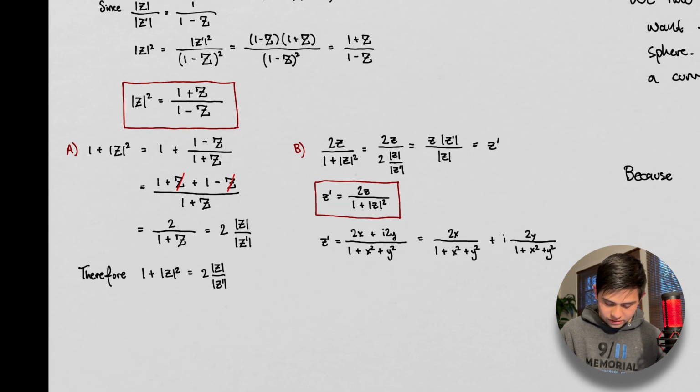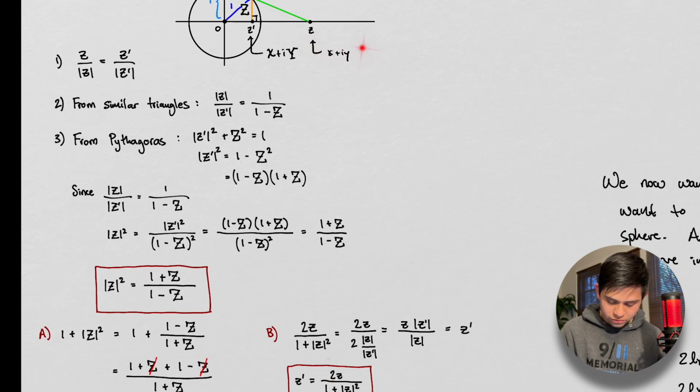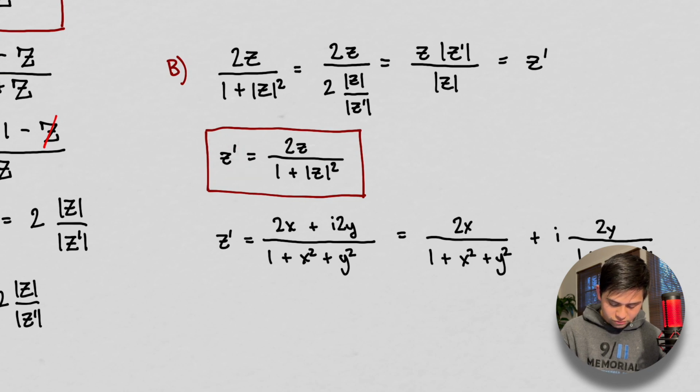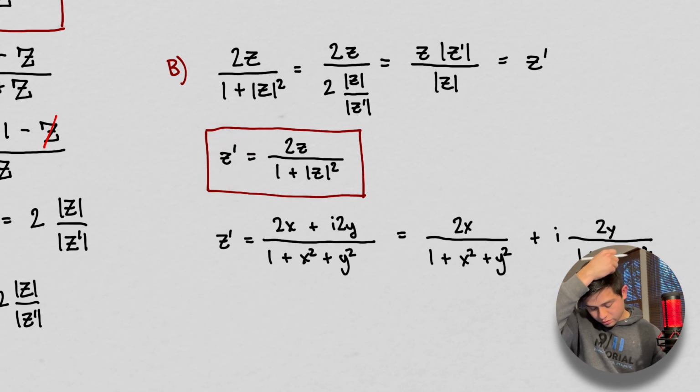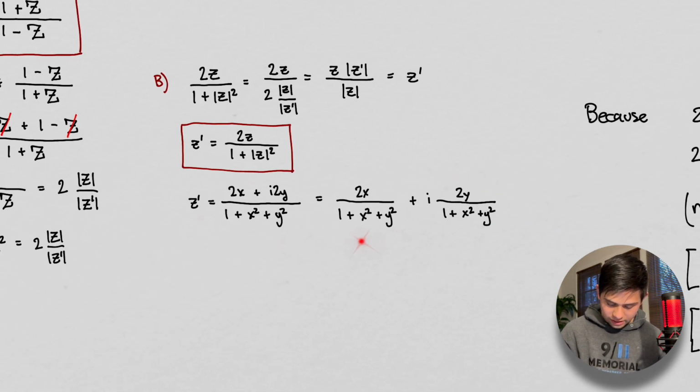So the coordinates of Z prime, of this point right here, can be written fully in terms of the coordinates of Z, which is what we're showing right here. Without the absolute value bars, this is actually a vector in our complex plane. When we put the absolute value bars, we're looking at the magnitude of that vector. But when there's no magnitude being expressed, then what we're actually getting are the components, and this is how we write that out.